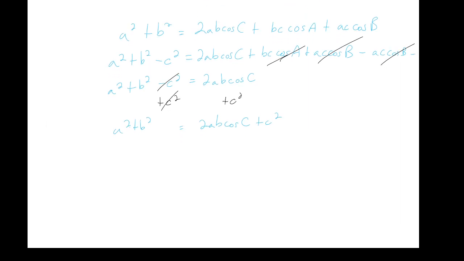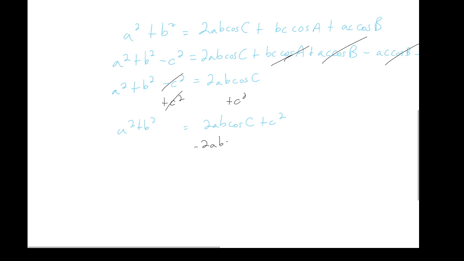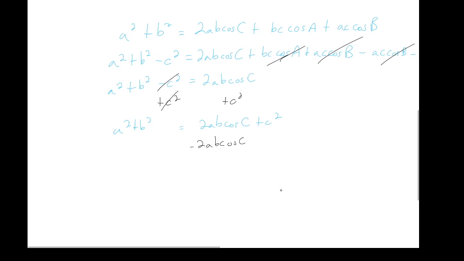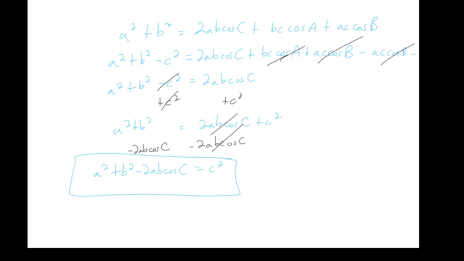Of course, solving for c squared, I'm going to subtract 2ab cosine of c from both sides, okay? There we go. Leaving me with the following. I have a squared plus b squared minus 2ab times the cosine of c is equaling, last but not least, c squared. This is the law of cosines, okay?